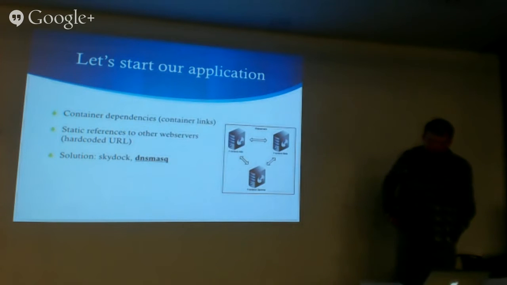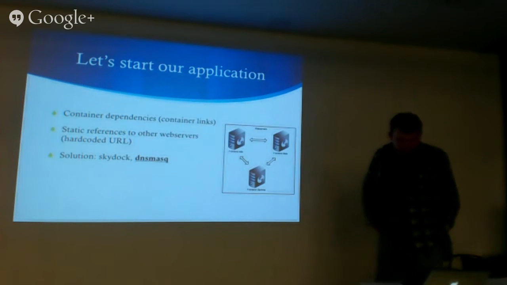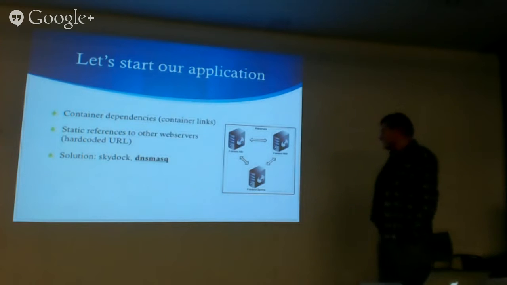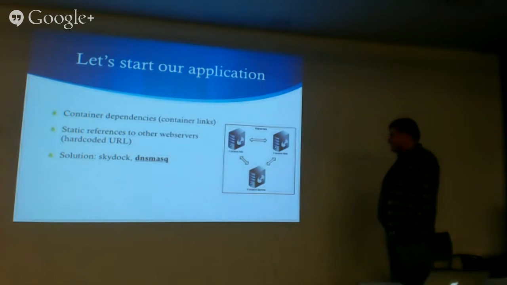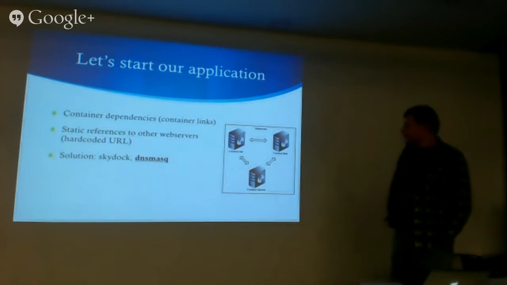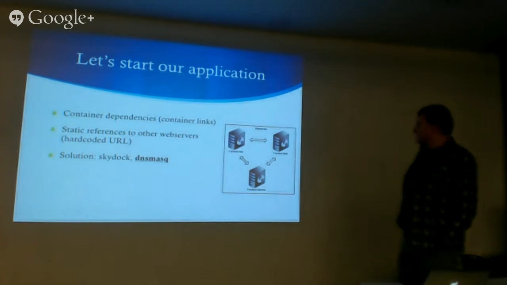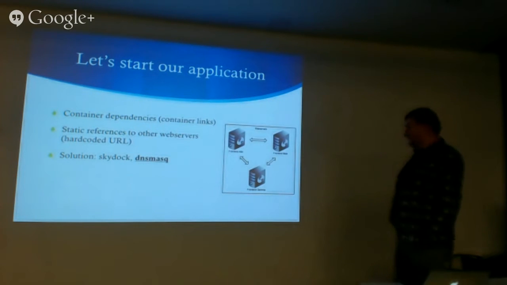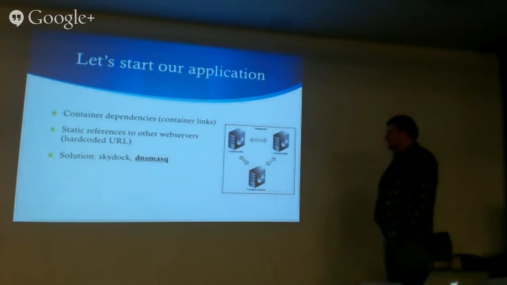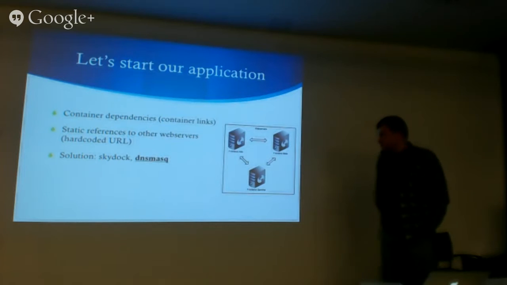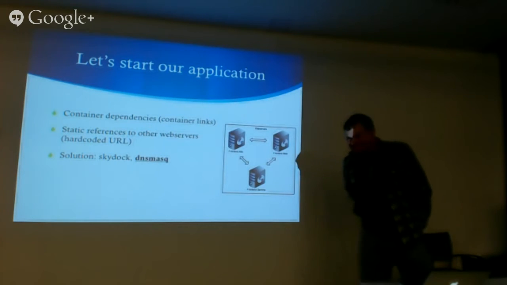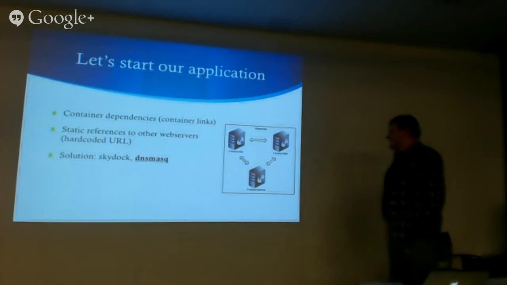This is a problem because we can't even use the container linking feature, because it requires all linked containers to be running at the moment the container starts. This is a big problem for us, especially since our application has a lot of static references to our web servers.